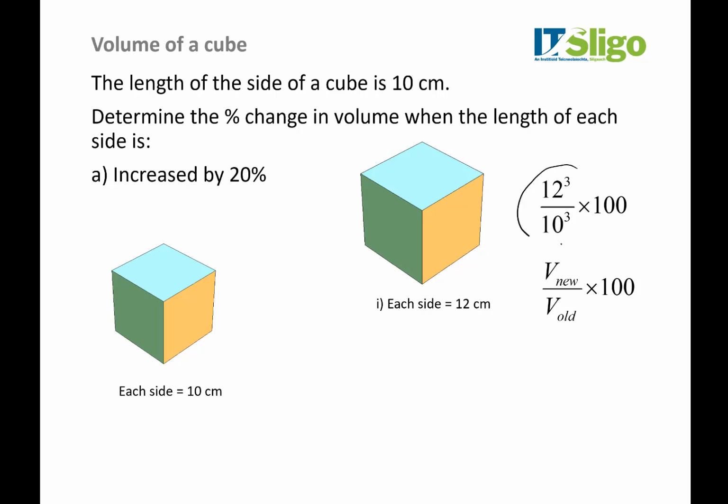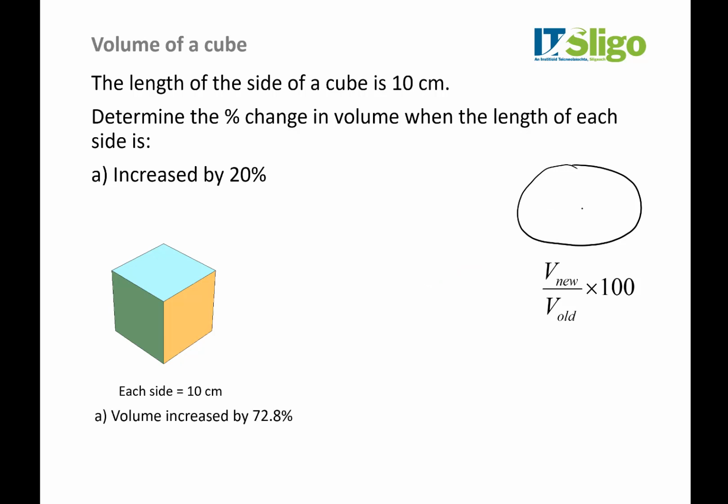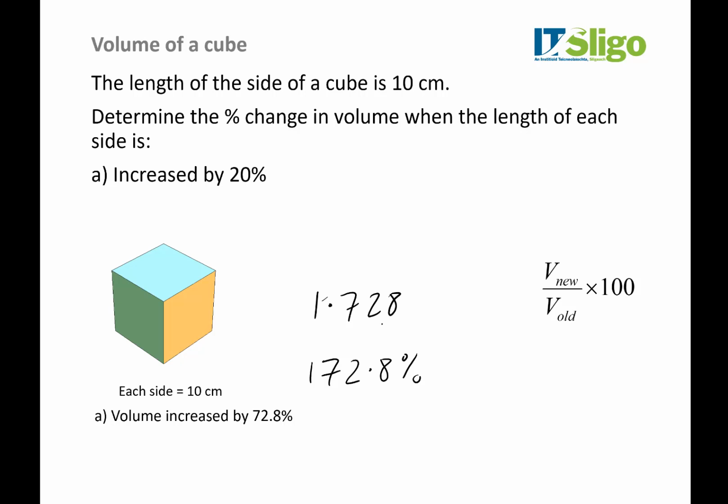And when we compute this with your calculator, you could do a little bit of cancelling if you wanted, but most people will go for their calculator. We'd see that the volume increases, so your answer will be 1.728, or sorry, because it's percentages, it'll be 172.8. So just be careful in the question.